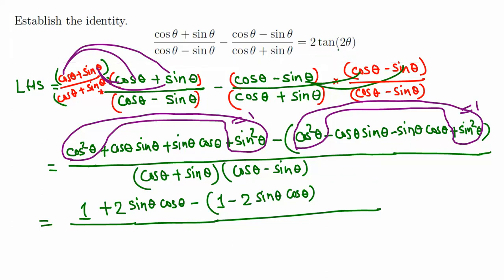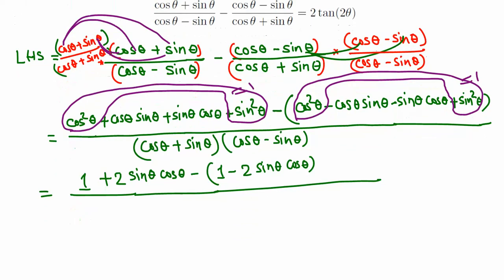Looking at the right-hand side, it has the double angle 2 theta. Now we need to check the double angle formulas, and we know that sine 2 theta is 2 sine theta cosine theta. So two copies of sine theta cosine theta is the same as sine 2 theta. We have exactly that situation here, and the same thing here.